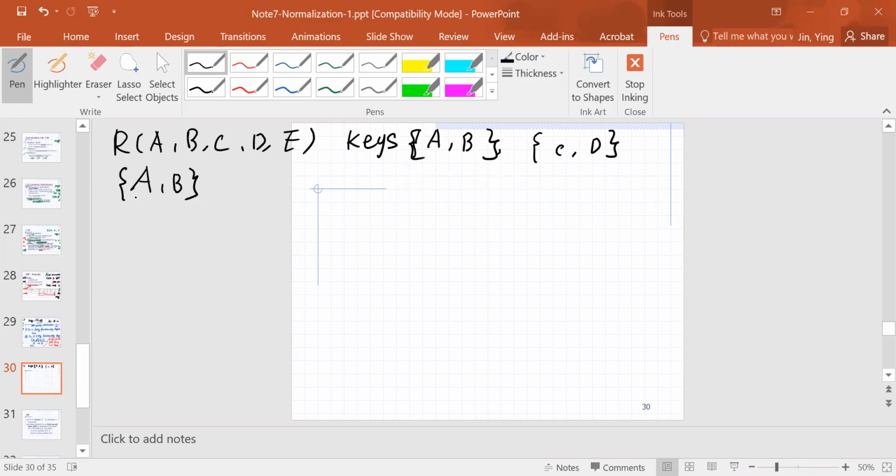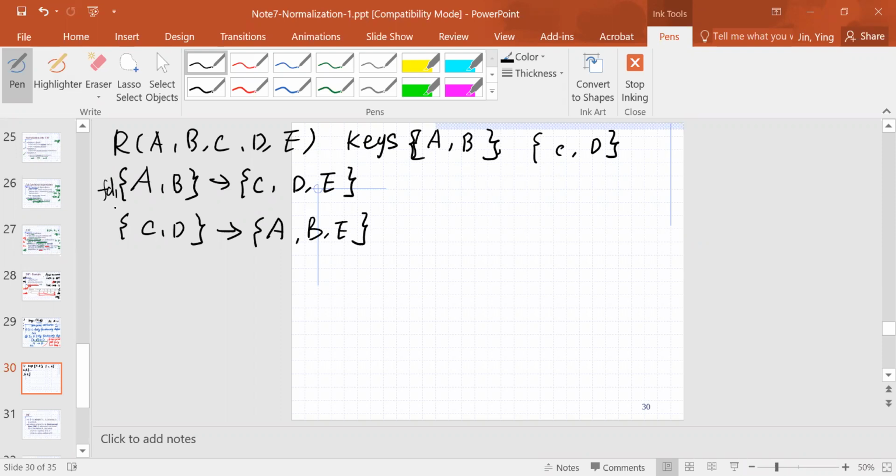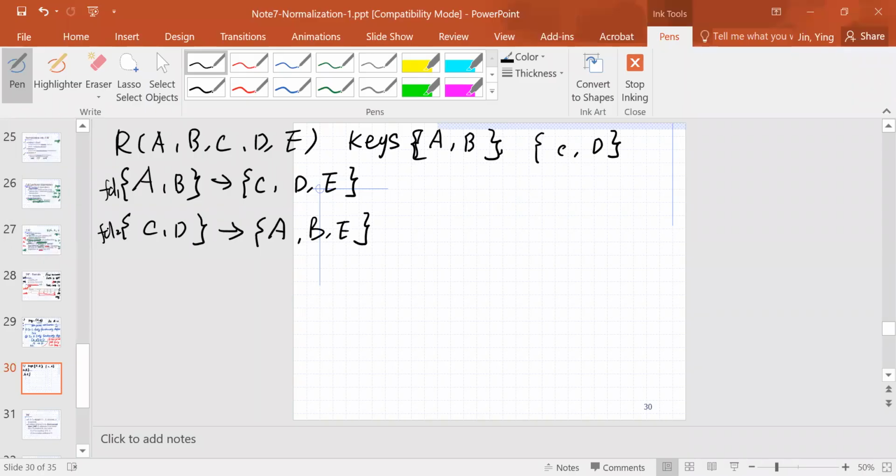So it's AB to CDE. Another one is BC to CD. Right, so two functional dependencies. This is FD1, FD2. Okay, and my question is, is R in second normal form and why?